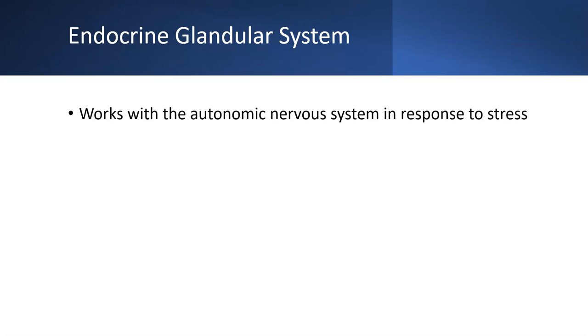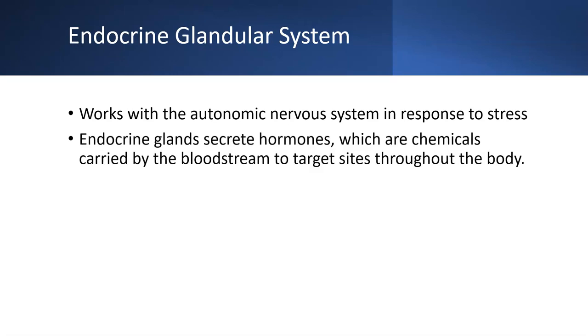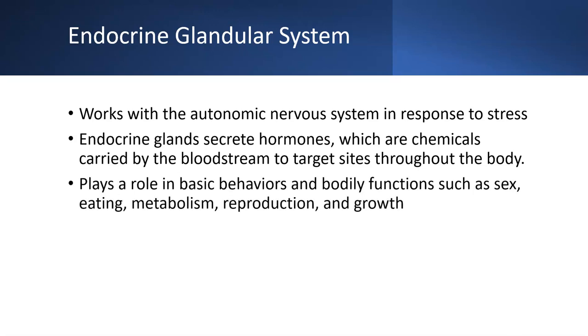And that's what I was describing just a second ago. Endocrine glands secrete hormones, so these are chemical messengers similar to the way you have neurotransmitters within the brain. Hormones throughout the body are carried in the bloodstream to specific targets to then enact specific responses to stimuli.